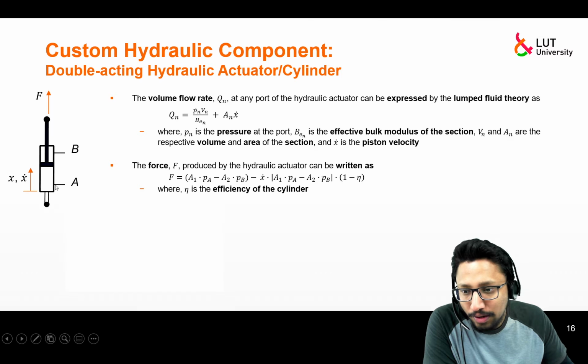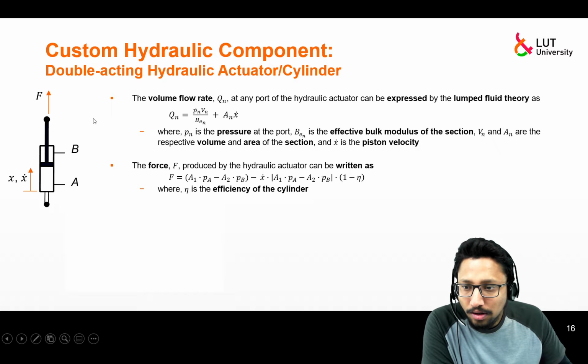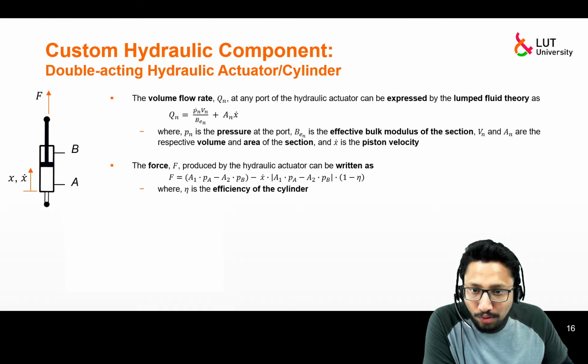So basically the flow rate in this part will be the associated pressure, let's say P dot A, then VA by BE2, then A, this A, basically A1 into X dot, and accordingly you can formulate it for the other part as well. Okay, so once you have done that, well and good, you have formulated most of the parts carefully.